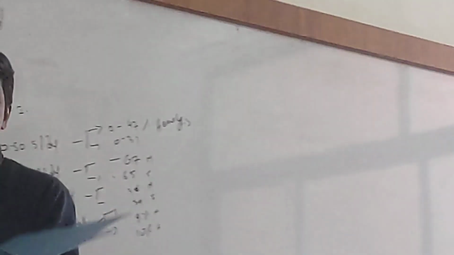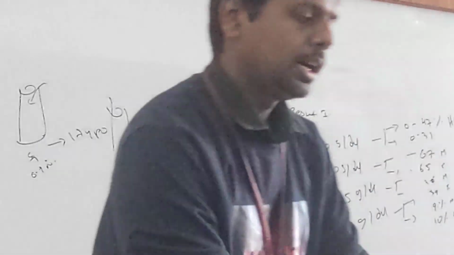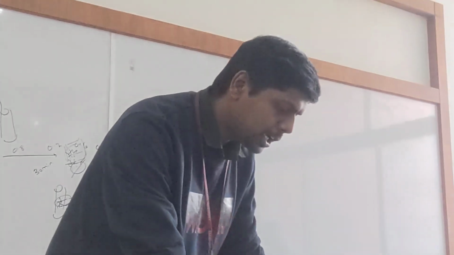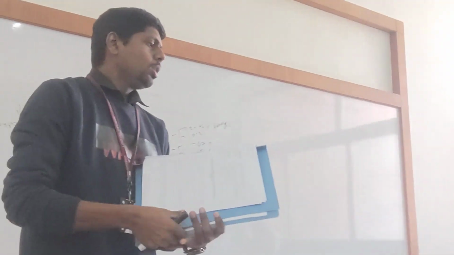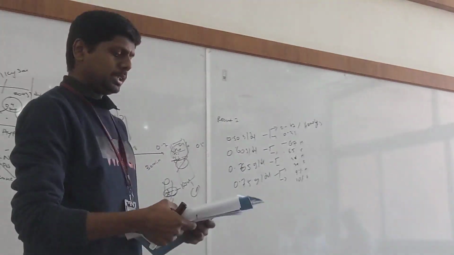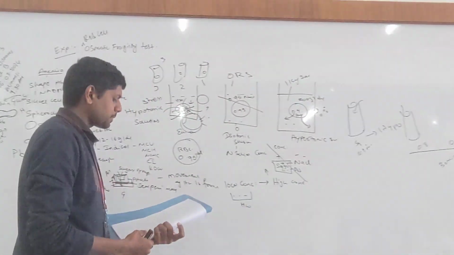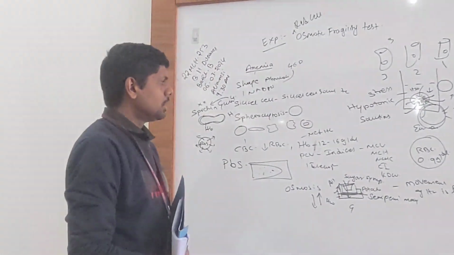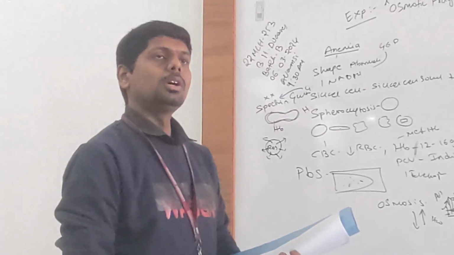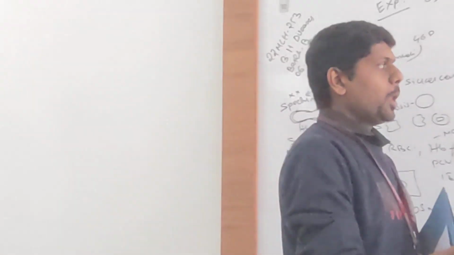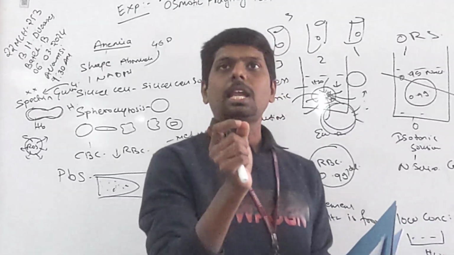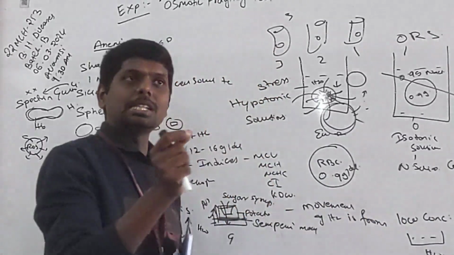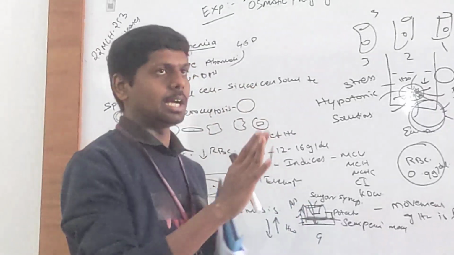Just go through this one, and I need to cover any other points if I missed. So let's see, students. Normal saline is also called physiological saline, a saline at normal physiological conditions.